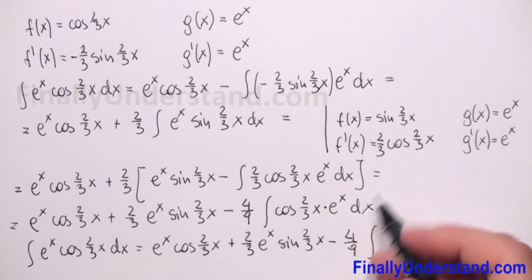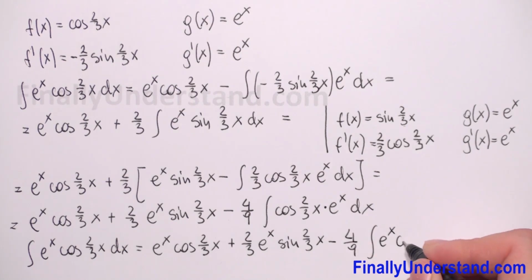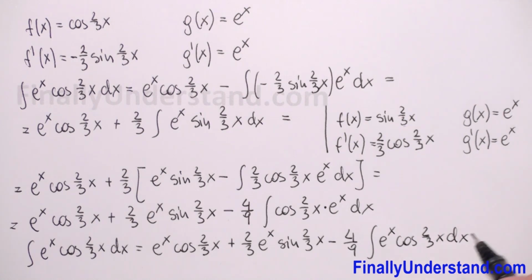I will put first e to power x cosine of 2 over 3x with respect to x. Because we have the same integrand, I will move negative integral to the left side.